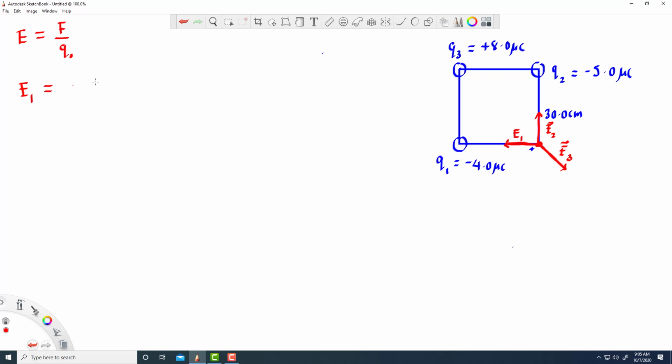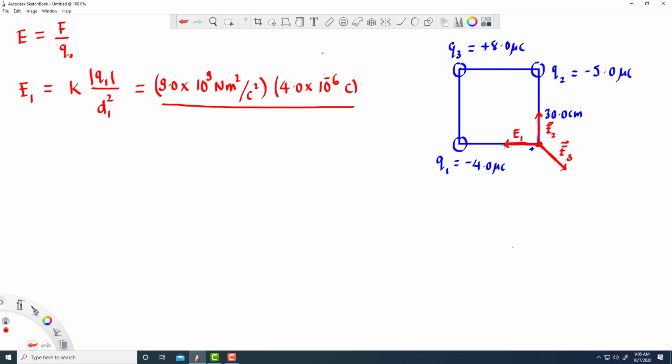So the formula for electric field is K times charge over distance squared. So K is 9 times 10 to the 9 newton meters squared per coulomb squared. Charge is this charge. It's a magnitude, so we don't need to consider the negative sign. So 4 times micro is 10 to negative 6 coulombs, and then distance is this distance, which is 30 centimeters.